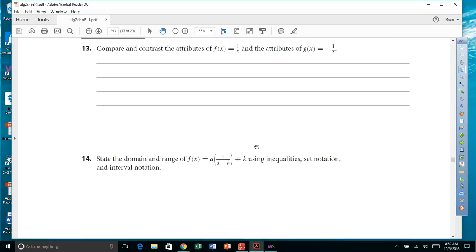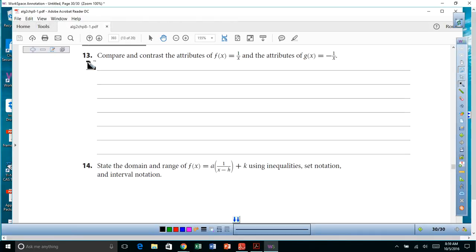Compare and contrast the attributes of f of x equals 1 over x, and the attributes of g of x equals negative 1 over x. Okay. That's not hard at all.